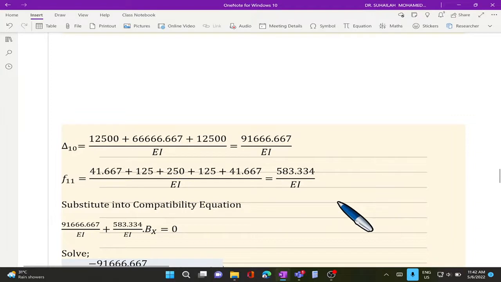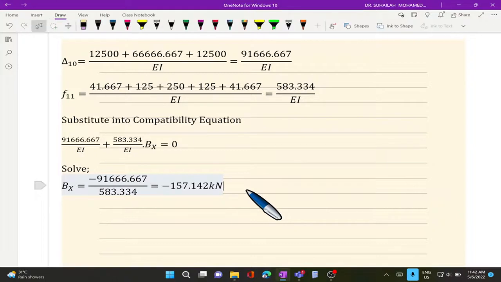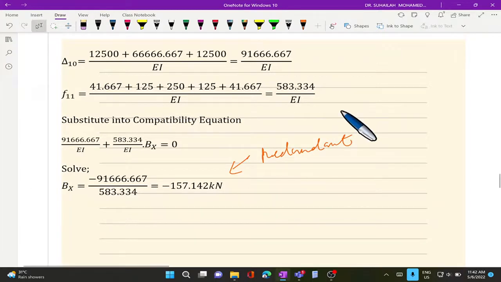By substituting the displacements into the compatibility equation, we get the BX value. This is the redundant value.